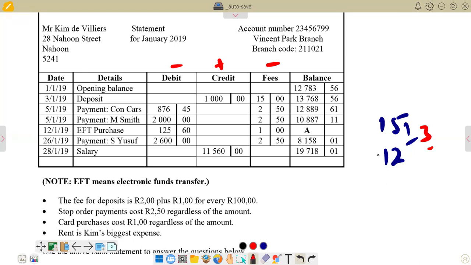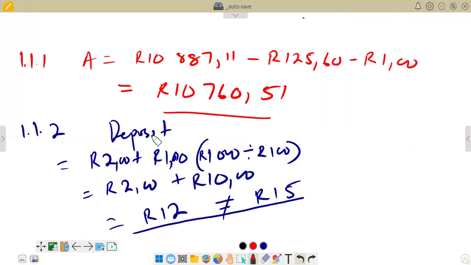So we are supposed to add it back to cancel the error. So basically, we are saying 19,718, then we add our 3, which is the difference between 15 and 12. I will just go to the other section and summarize that working. So let's try to see.